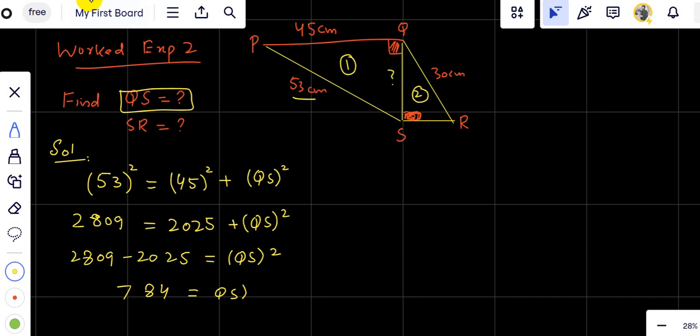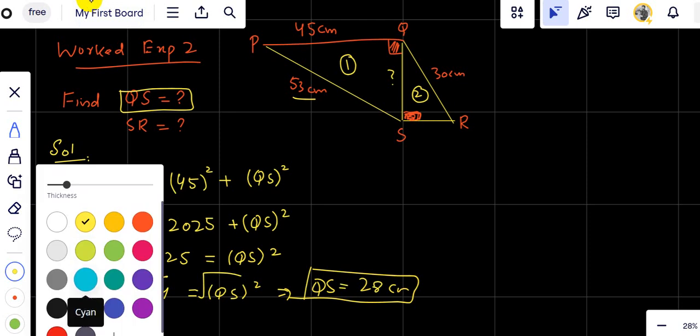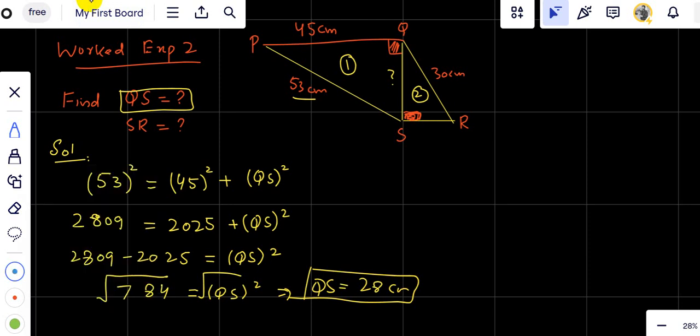So now just take the square root of both sides and it will be 28 centimeters. So now we have this length, 28 centimeters.